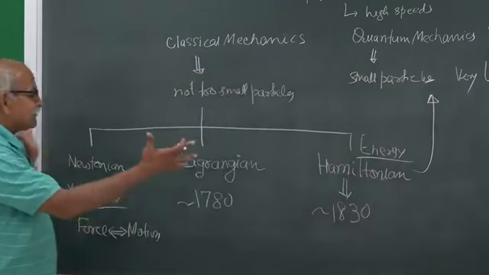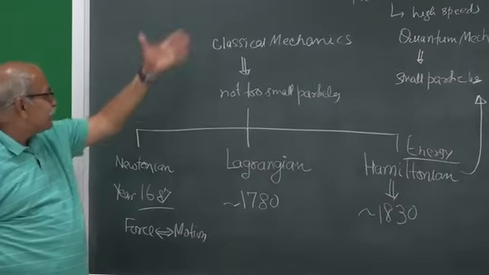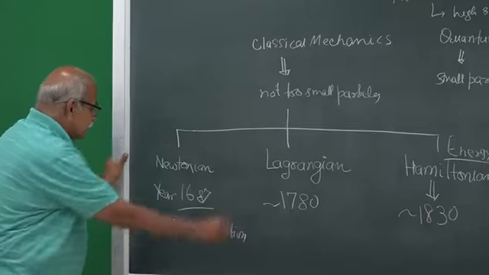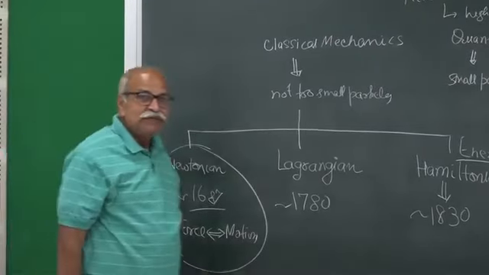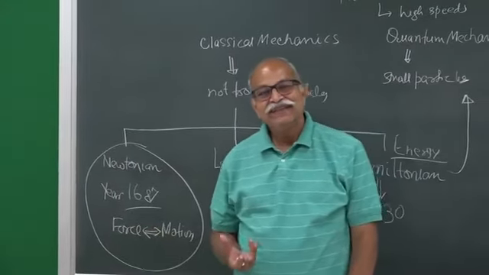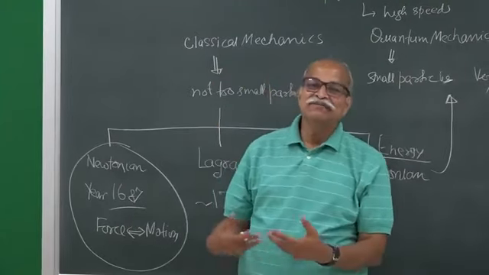So, these are the kind of things that we do in the name of mechanics and classical mechanics. In this particular course, we will be talking of Newtonian mechanics. We will be talking of a single particle system, and the forces acting on it, and how it moves.